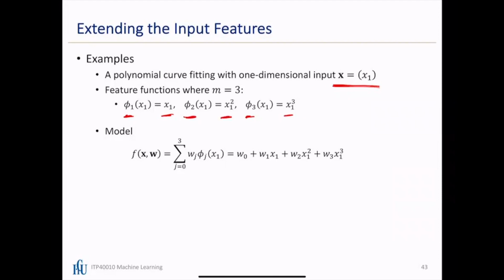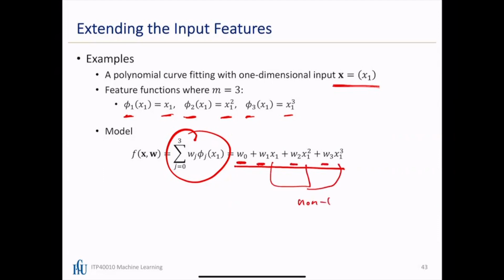If you play with this output of the feature function in terms of linear regression, again you can easily form this linear regression model on top of the output of the feature function, and that defines this kind of linear regression model. So this is again linear in terms of w, but non-linear in terms of my input.